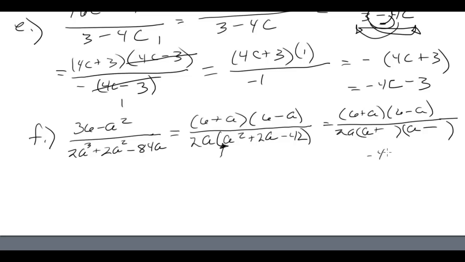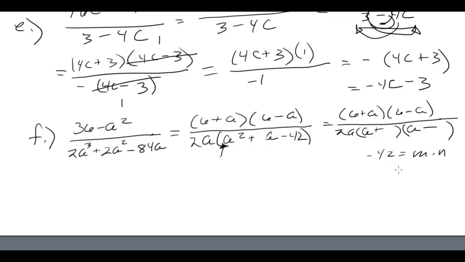Wait, I made a mistake. It's not 2a. That 2 gets canceled, so let's get rid of that. That was a mistake. That's just a lesson for those of you who write in ink: make sure you write in pencil.